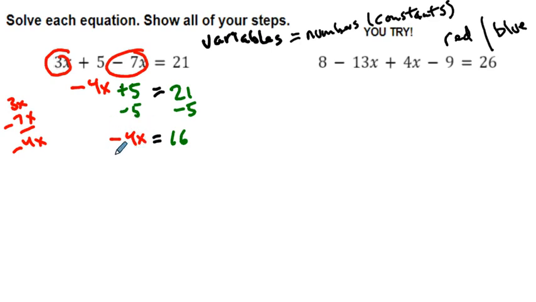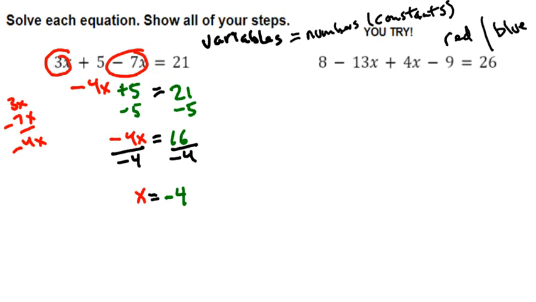It's being multiplied by negative 4, so we'll divide both sides by negative 4, and you get x is equal to 16 divided by 4 is 4, and a positive divided by a negative gives you a negative, because it follows the same rules as this. All right, so that's how problems like that work.